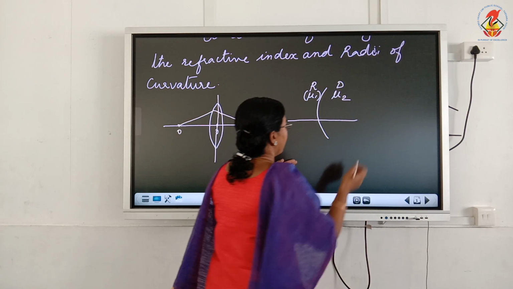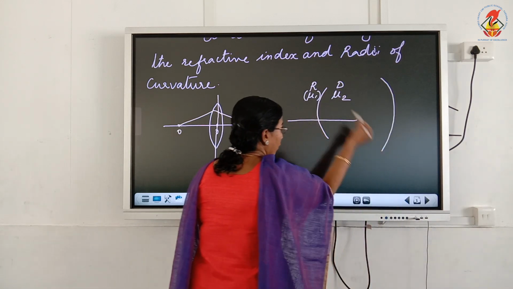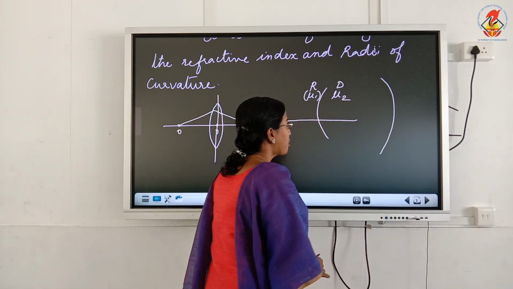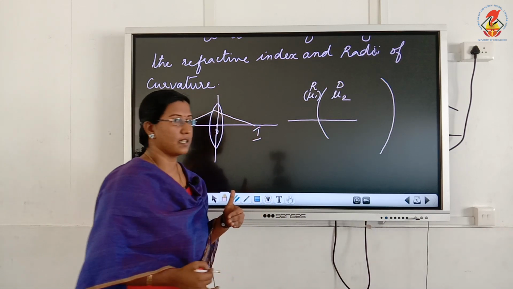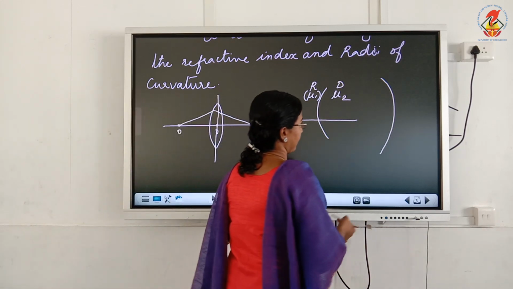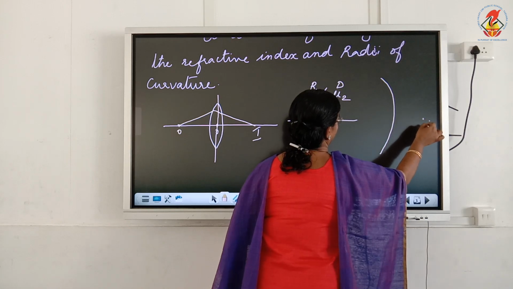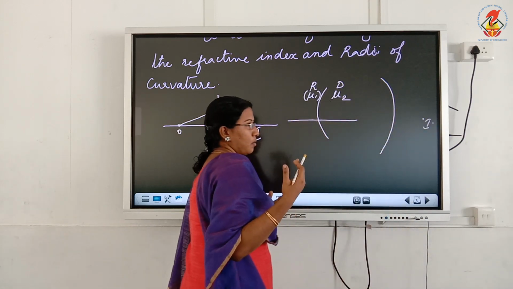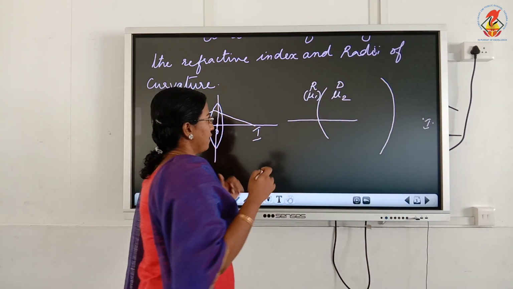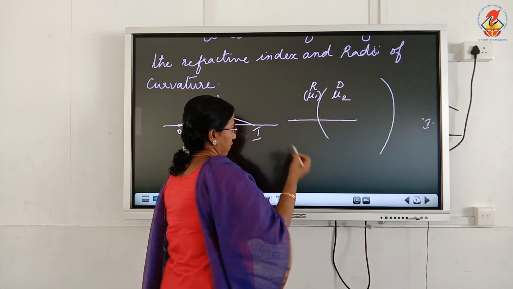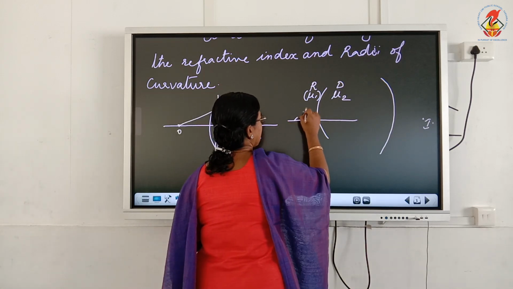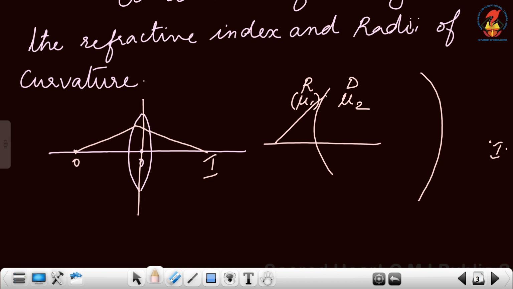Then we will formulate one more equation in which the image is formed by the next refracting surface at point I. What we do is, we keep the object in front of the first refracting surface, and this refracting surface forms an image at I1. These two are not very far away, it's just an assumption for deriving the equation.